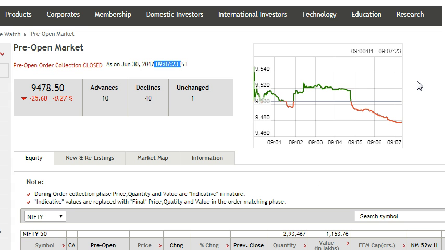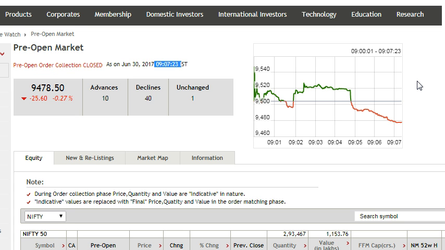So that the buyers and sellers can check the open price of the pre-open market and digest it, and then when the market eventually opens at 9:15, both buyers and sellers have calmed down, and they don't create a panic situation; they react to the market calmly.